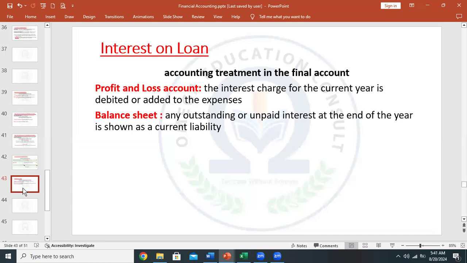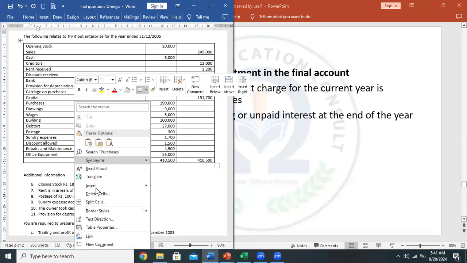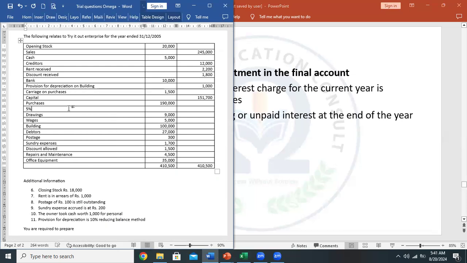So it's like the business goes for a loan and the bank is charging interest. Normally when you go for loans and there's an interest attached, you see in the question something like 5% loan, then they put the figure there, maybe 150,000. What it means is that the loan amount is 150,000 and the interest on the loan is 5%.